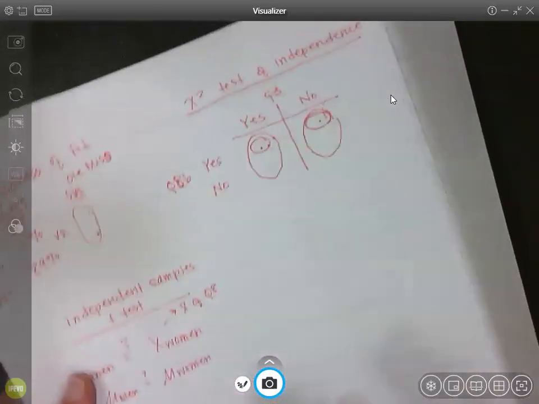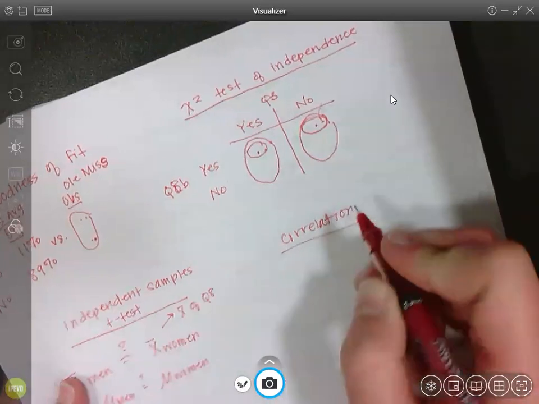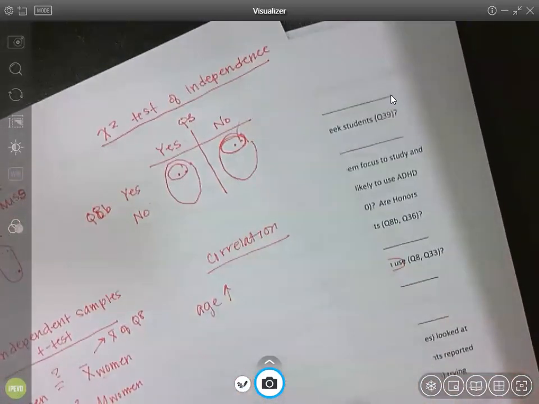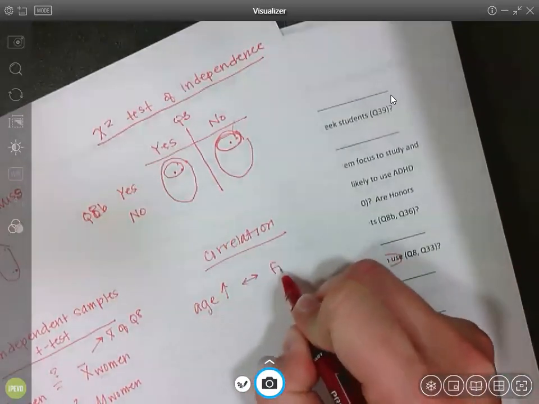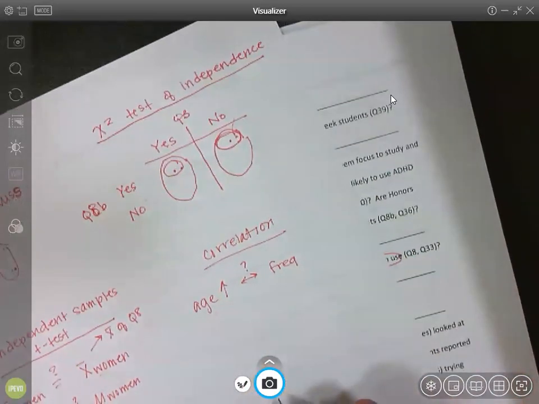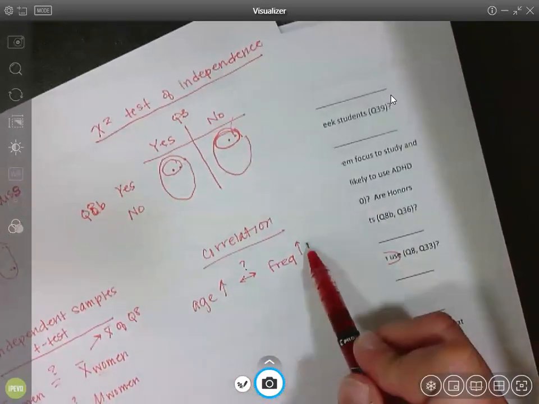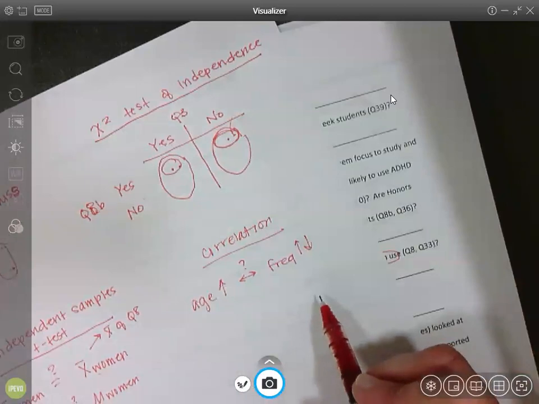What this correlation is going to do is ask, as people's age increases, so as that first variable increases, does something predictable happen to how often they take the drug? That predictable thing could be that as you get older, you take it more often, or that as you get older, you take it less often. We don't know.